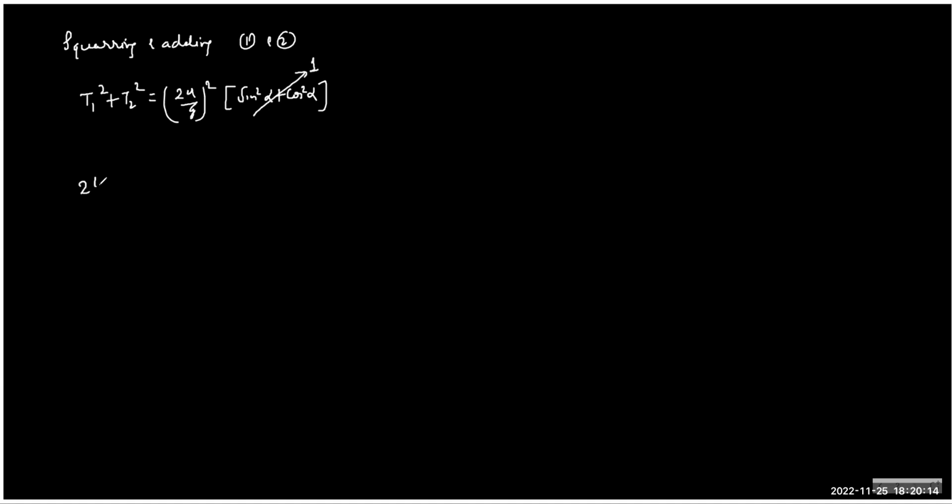And therefore 2u by g becomes under root of T1 square plus T2 square. So u is basically g by 2 times that. So given the times, you can find u as well. I hope this is clear to all of you. Anyone having doubt, do let me know.